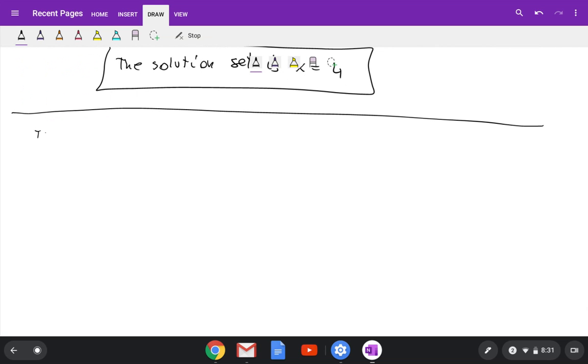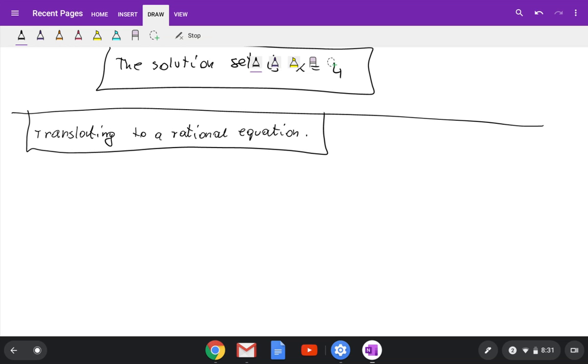Next, we're going to talk about translating to a rational equation. Let's solve a couple of problems like this. Example 2.